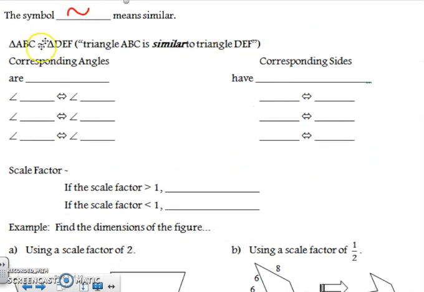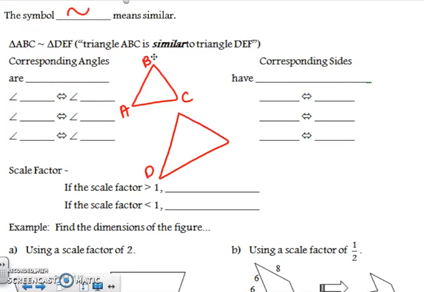So if I have triangle ABC is similar to triangle DEF, let me go ahead and draw ABC. Let's draw a larger DEF. And let's pretend Ms. Callahan's awesome at drawing the exact same shape. Okay. So again, the corresponding angles are congruent.